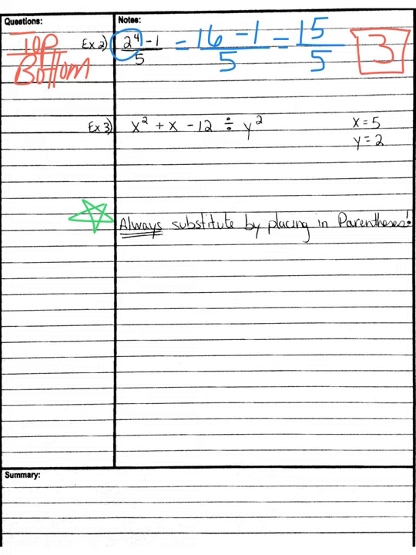So I'm going to take my 5, which represents my X, and it is going to replace both of the X's that I see. And I'm going to take my number 2, and it's going to replace the Y value that we see. And if I substitute those in parentheses, it would look like this. A parenthesis, the number 5, because that's what the X value, and we still have that squared.